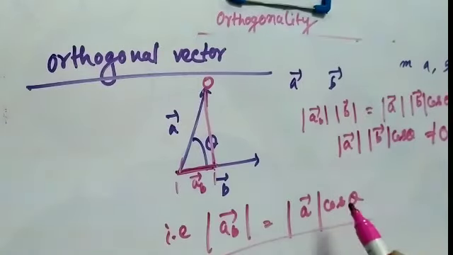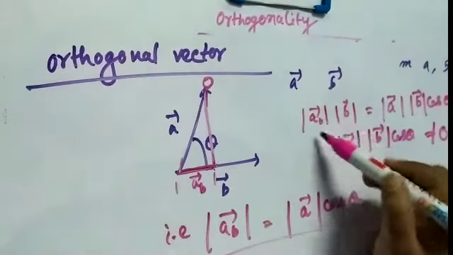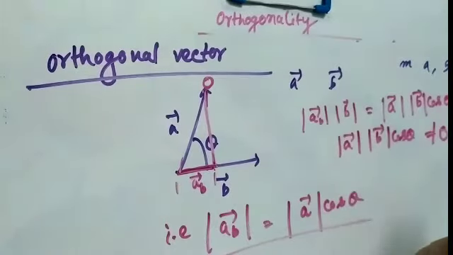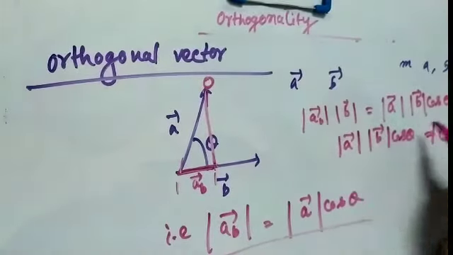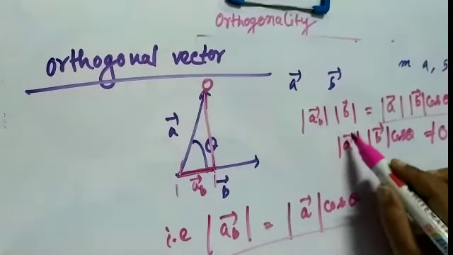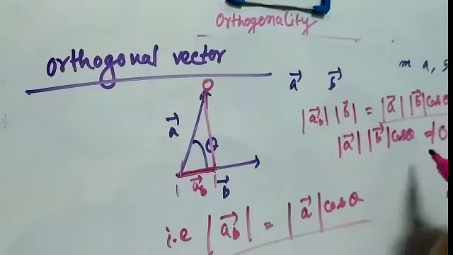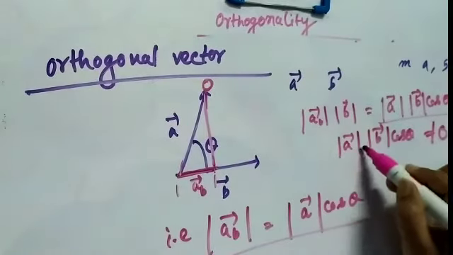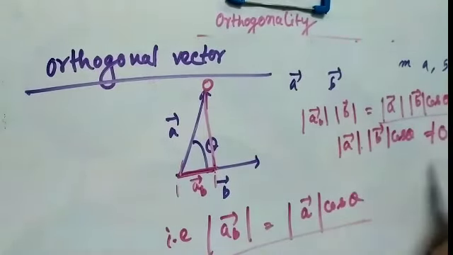Now, if we multiply this projection value with the second vector B, the equation becomes A B cos theta not equal to 0.